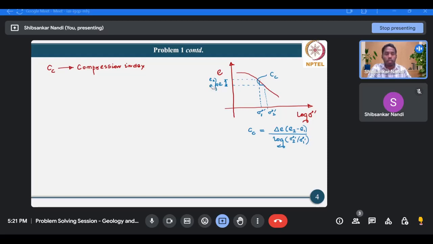Sorry, I am making a mistake here, because as you can see, as your stress is increasing, your void ratio is decreasing.